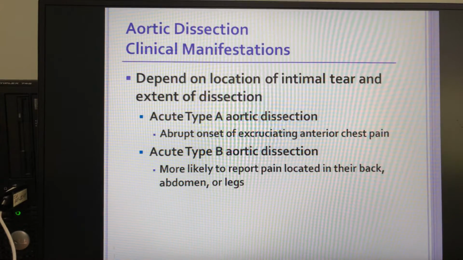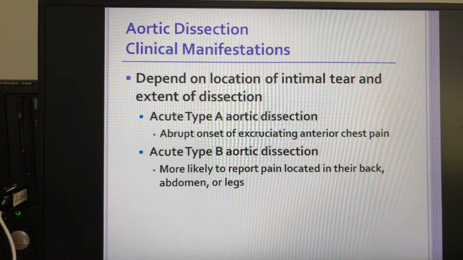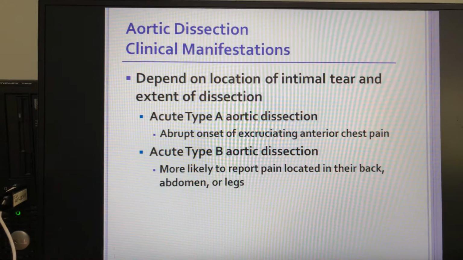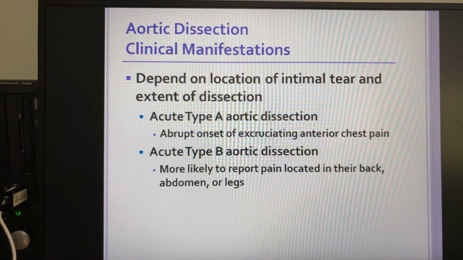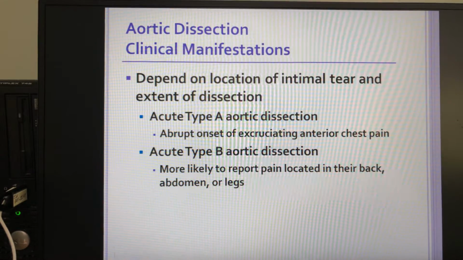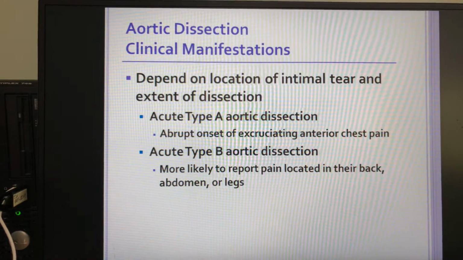So in the clinical manifestations, it depends on the location of intimal tear and the extent of the dissection. In the acute type A aortic dissection, it has an abrupt onset of excruciating anterior chest pain.